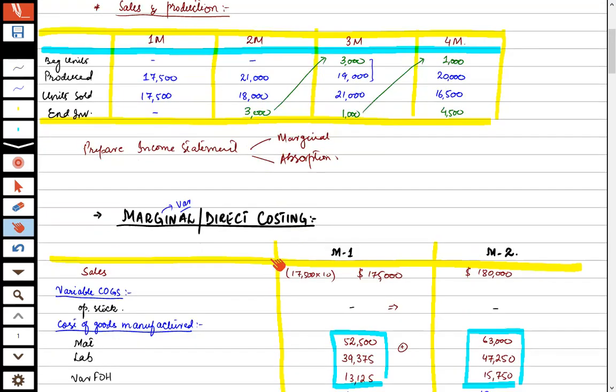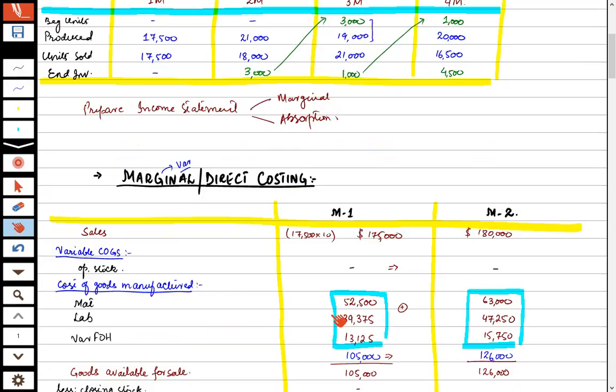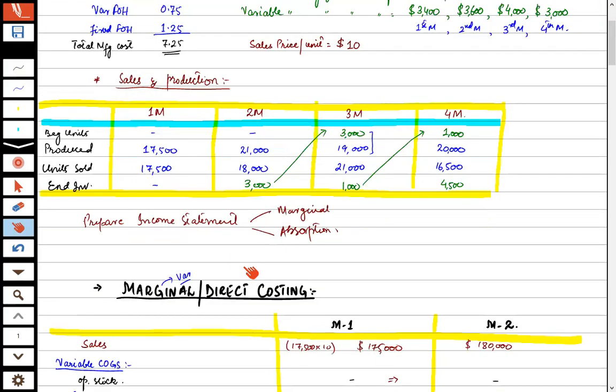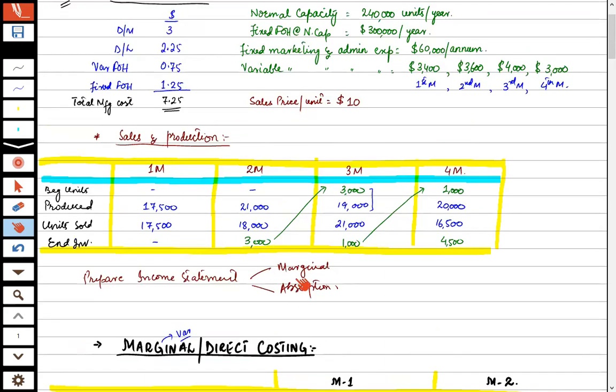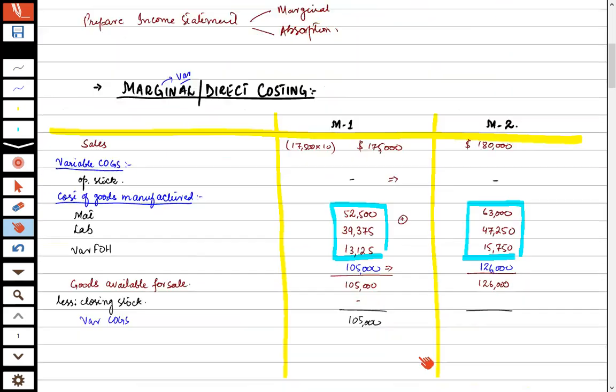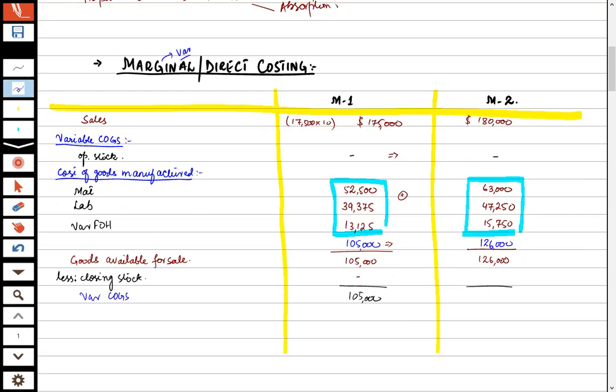On the basis of variable cost, it would be 3,000 multiplied by 3 plus 2.25 plus 0.75, a total of 6. 3,000 into 6, that is 18,000, would be our closing stock in the second month, and that closing stock is deducted.